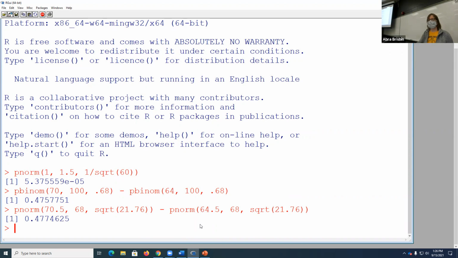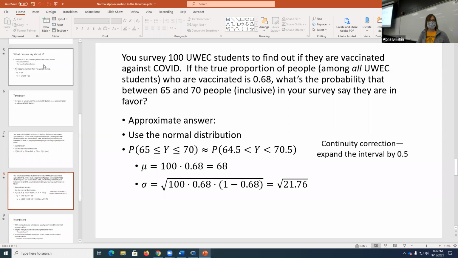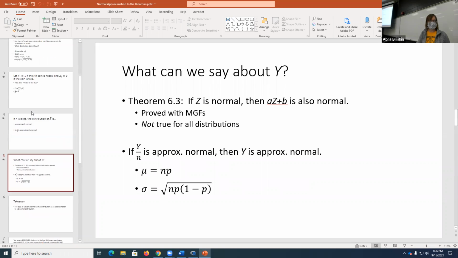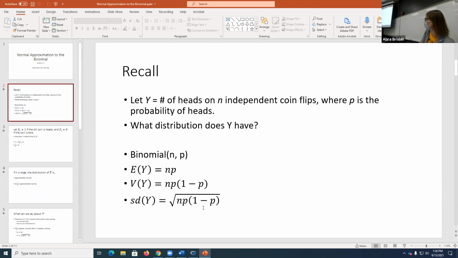Good question, because when we compute the standard deviation this way, we're using the formula for the standard deviation from a binomial. So the binomial distribution is going to have exactly this standard deviation, so we just go ahead and use that as our standard deviation.